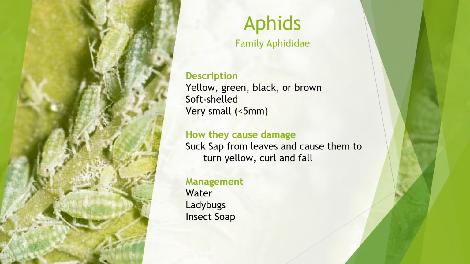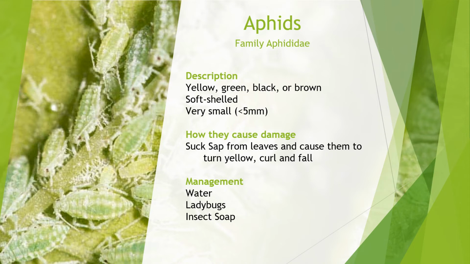They're also the main prey for ladybugs, so encouraging those beneficial insects to come to your garden will help control the aphid population. Even praying mantids and ladybugs, you can buy those commercially for your garden, making sure that you're not buying an invasive species. But those are a really good way to introduce beneficial insects.